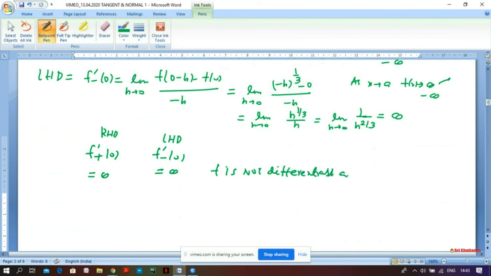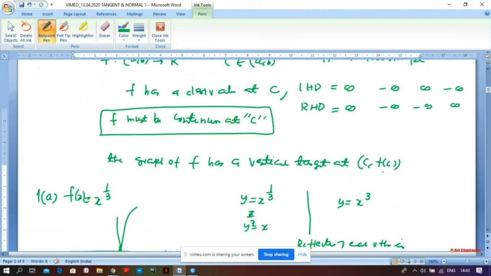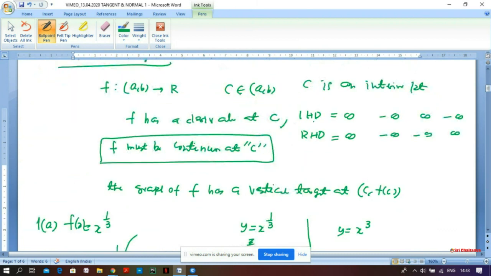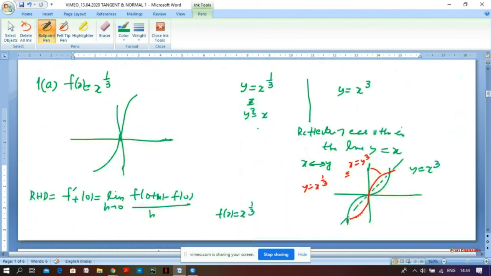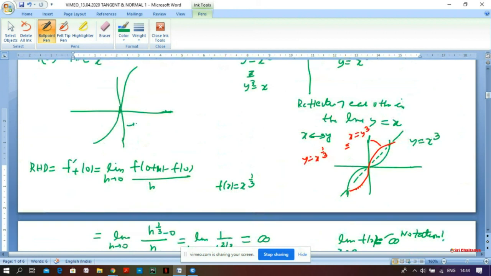F is not differentiable at origin, but our definition says that if function f has an infinite derivative or negative infinite derivative, or one of them, then f will be said to possess a vertical tangent at the point c. And so I will say that this line, the line x equal to 0, is a vertical tangent to the curve at origin.